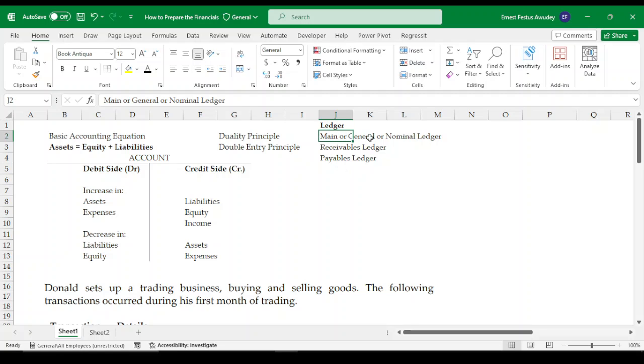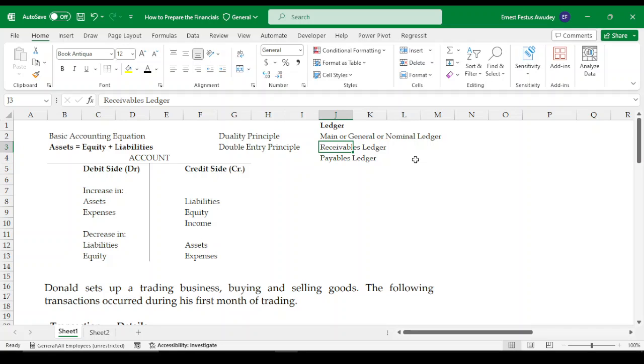To explain the main or the general or the nominal ledger, let's first understand these two, and then we'll know what exactly the general ledger is. The receivables ledger contains the individual accounts of the debtors of the business.